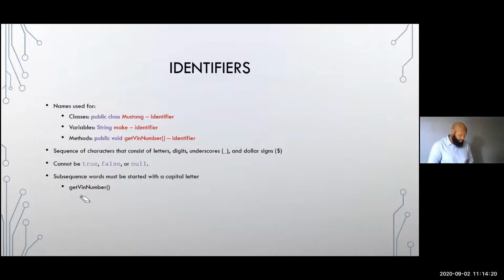They're within this full sequence identifier, and each subsequent word needs to be capitalized. And that goes for variables up here and methods. However, for classes, you want the first letter to be capitalized as well. Okay? So classes will always have a capital first letter.